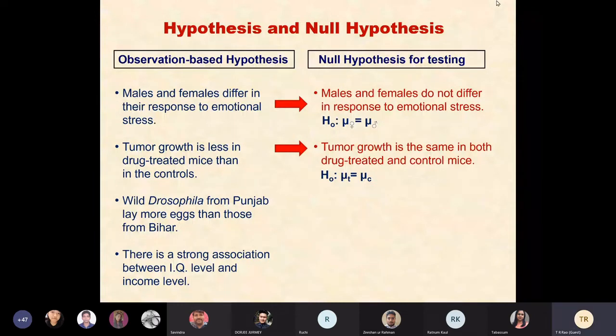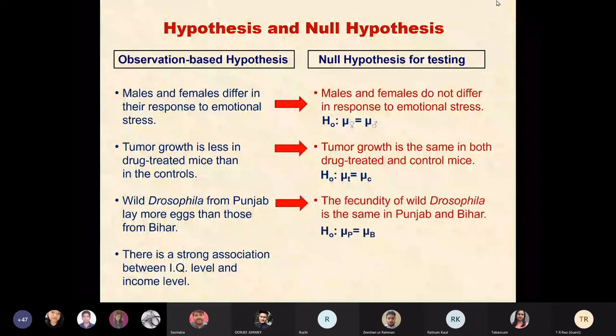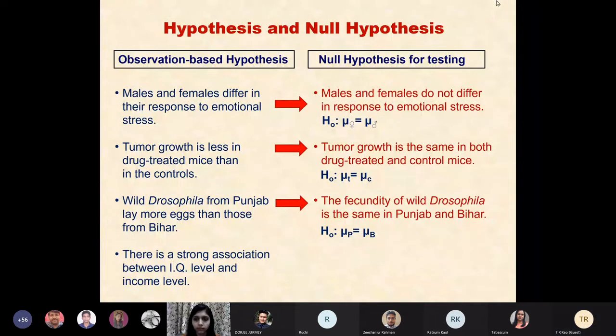Remember, we are looking at a measured parameter for which we are comparing the mean values. Again, Punjab versus Bihar in relation to the mean number of eggs produced. That's why we are putting this mu, the population mean. We're not concerned with the sample mean. In the sample mean, it's very evident whether it's equal or not. But based on that, you want to speculate on what happens in the population.